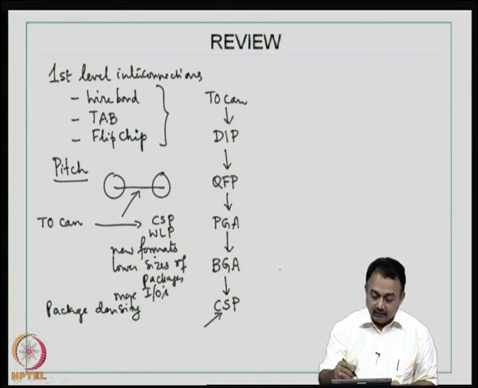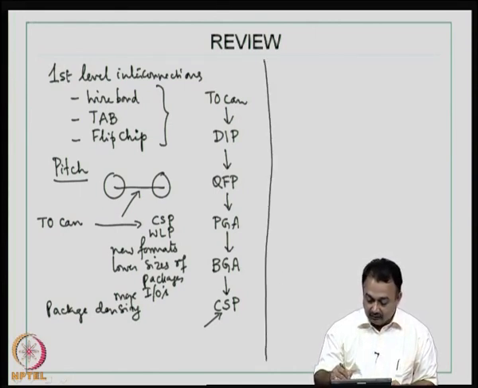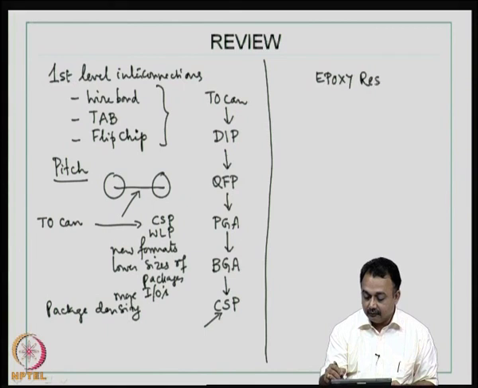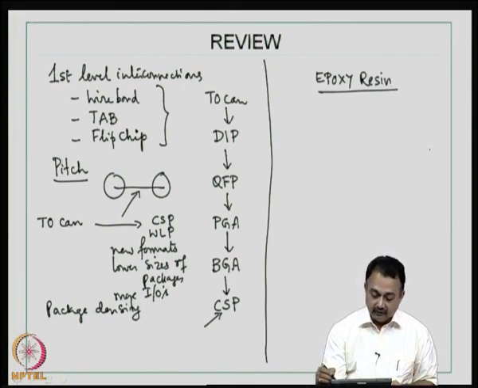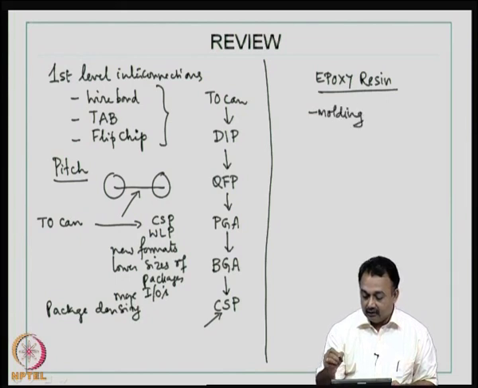So, this is what we saw last class, and we also briefly mentioned the term epoxy resin, because I have shown you different samples of single chip packages in which I showed a molding compound that is being used to protect the first level interconnections.